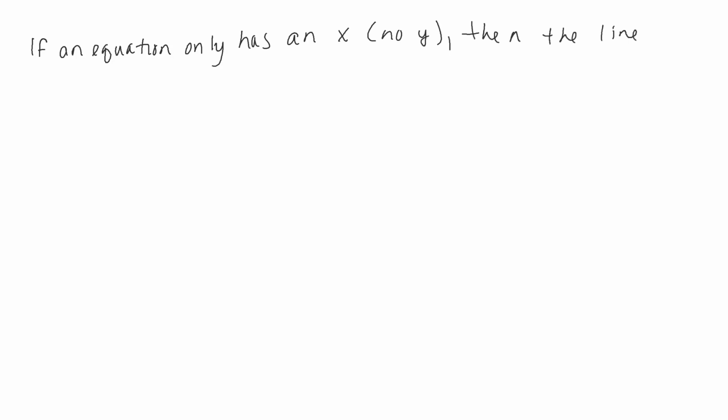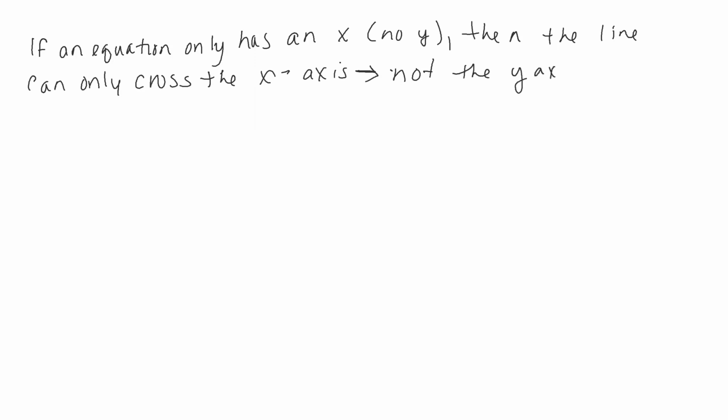So if an equation only has an X, no Y, then the line can only cross the X-axis, not the Y-axis. Therefore, the line is vertical.